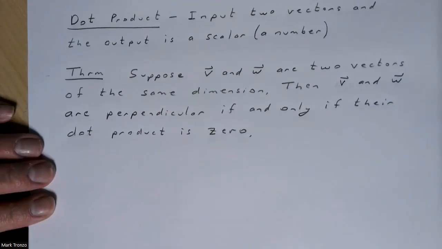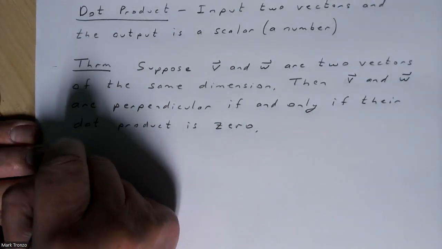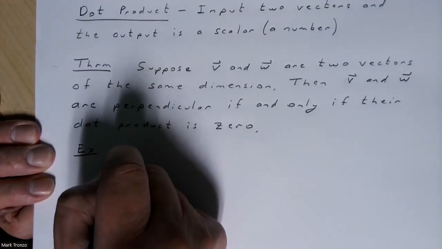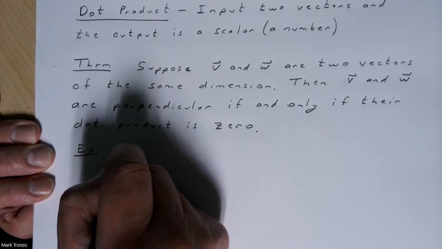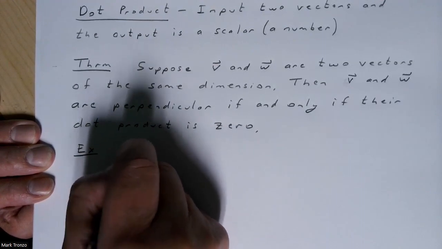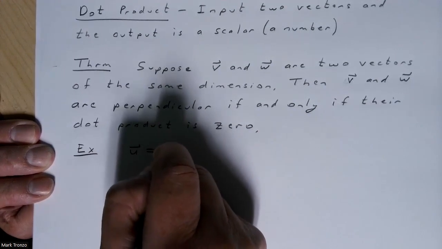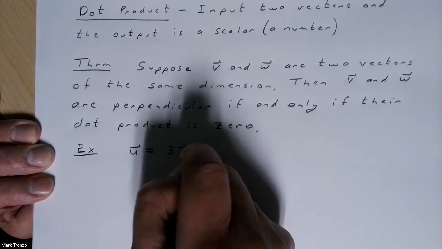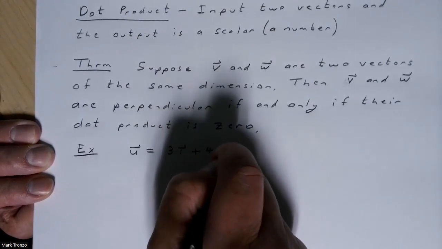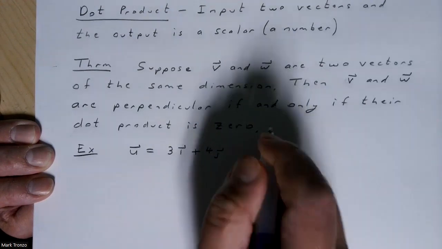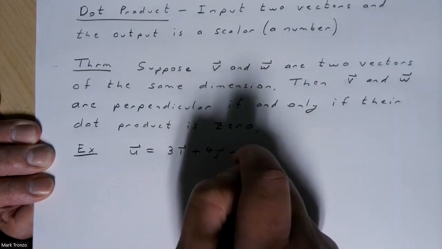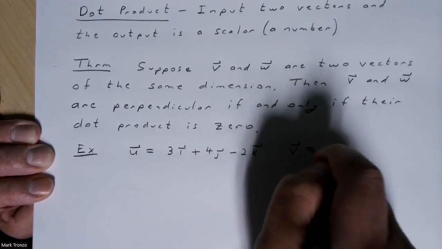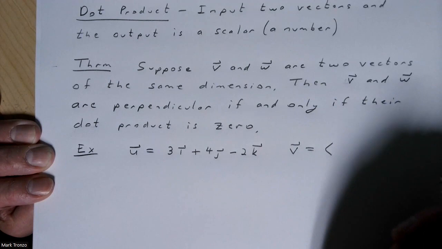And so let me make up one where they are. Suppose, let me call this one U this time. U equals 3I plus 4J minus 2K, and V, let me make V in the angle bracket notation.